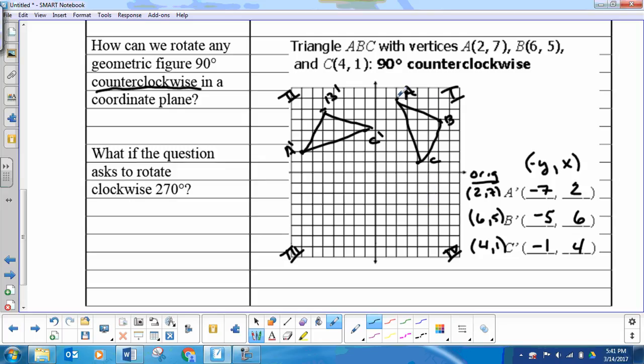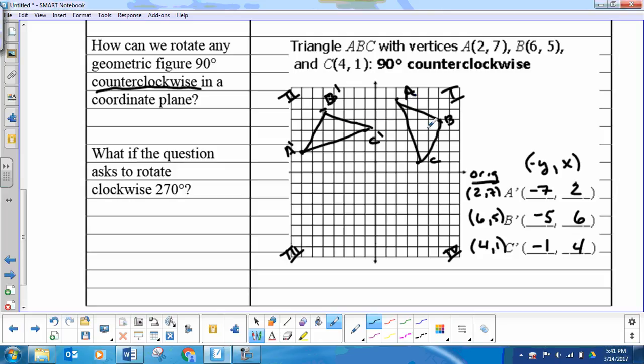But to create the image, if we're doing 90 degrees from the first quadrant, we're going to just move over 1 quadrant, and you can see how it has turned and the A has gone over here, the B has moved from here around to this point, and then C as well has moved around to this point.